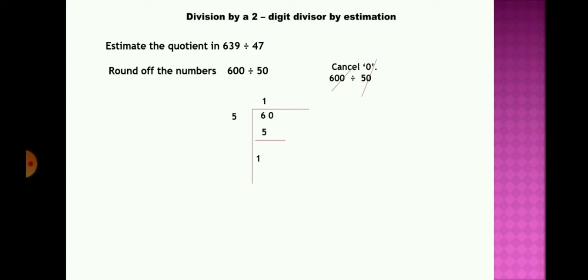Subtract, you will get 1. Bring down the next digit, you will get 10. From the table of 5, you know that 5 twos are 10. Subtract, the difference is 0. So what is the estimated quotient here? 12. Isn't it?